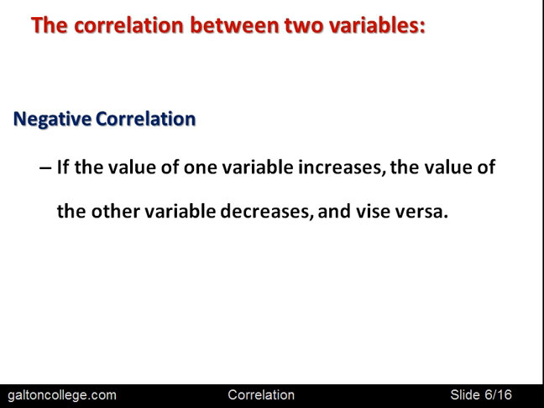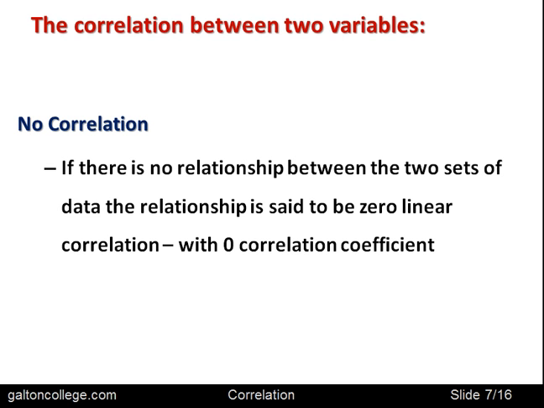Actually, if the numbers didn't move, if one set stayed the same, as I suggested earlier, that would be a zero correlation. That situation is when the correlation coefficient is equal to 0. It's also worth noting here that we are talking about linear relationships.